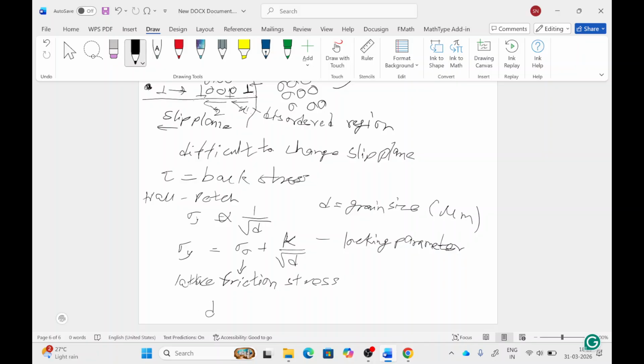As the grain size decreases, the yield strength will increase, because with the grain size reducing, there will be more opposing force for the dislocations.